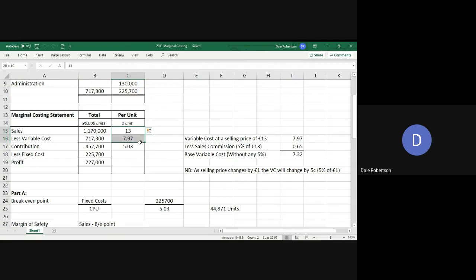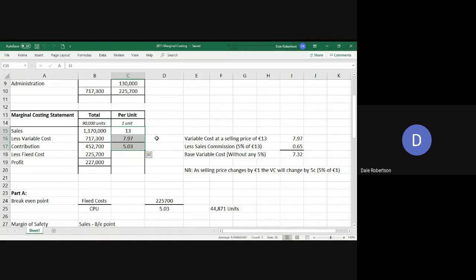And that means there is a contribution of 5 euro and 3 cent from each product towards profit and towards covering fixed costs like rent and rates, insurance. So each calculator contributes 5 euro and 3 cent towards covering fixed costs and towards profit.